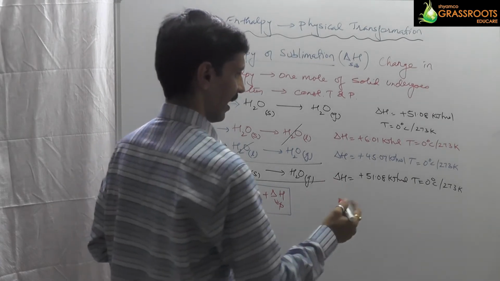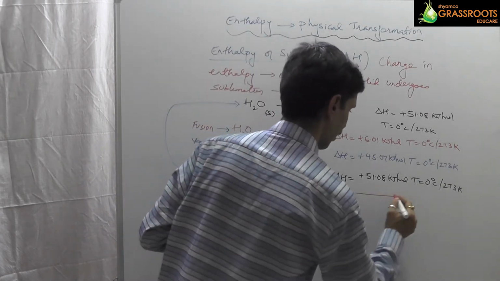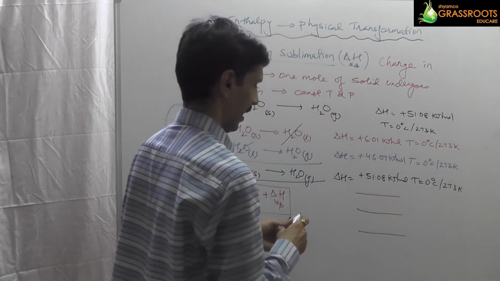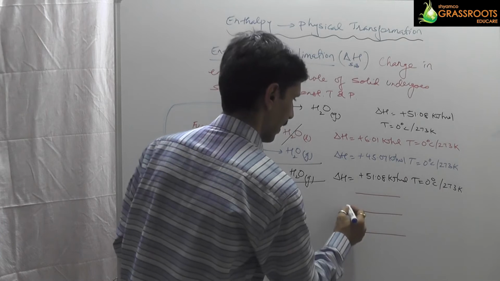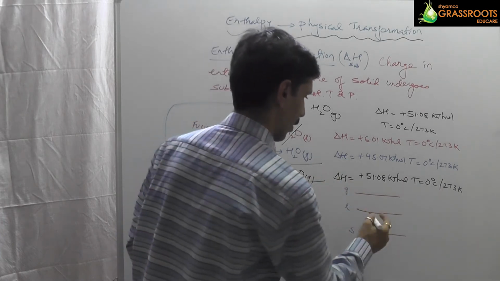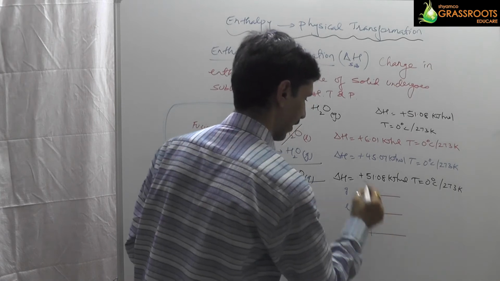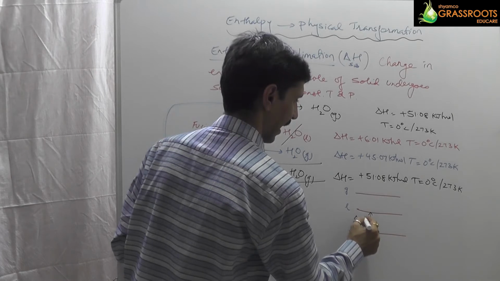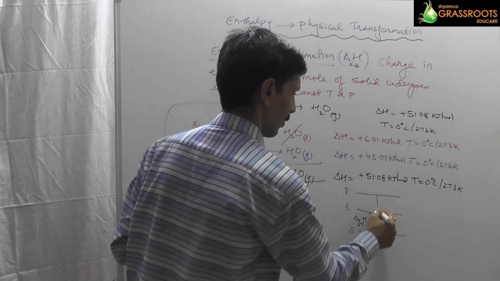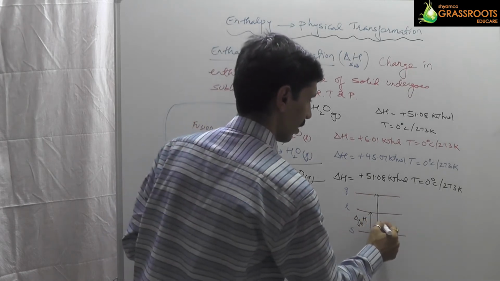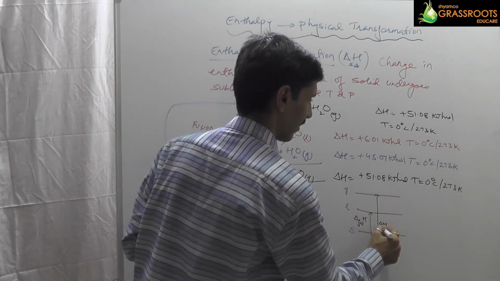और इस तरीके से if you want to go into say like this, okay, ये solid है, ये liquid है और ये gas है. तो if you talk about solid getting converted into a liquid, so we say it is enthalpy of fusion. Solid to gas है तो we talk about enthalpy of sublimation.